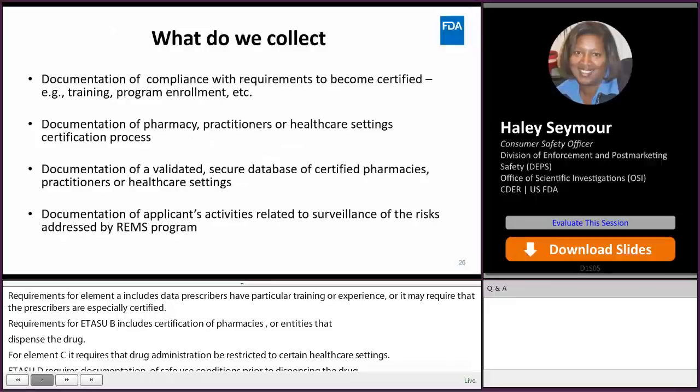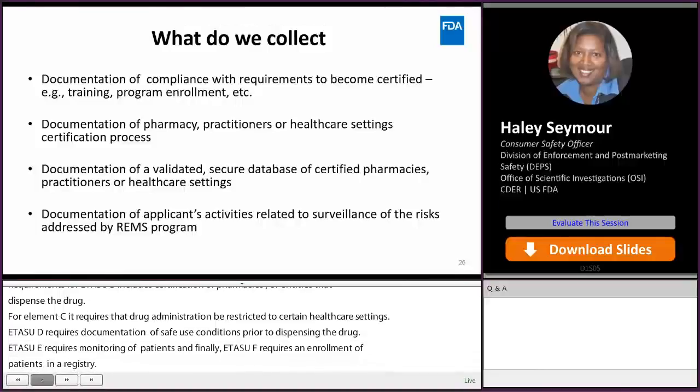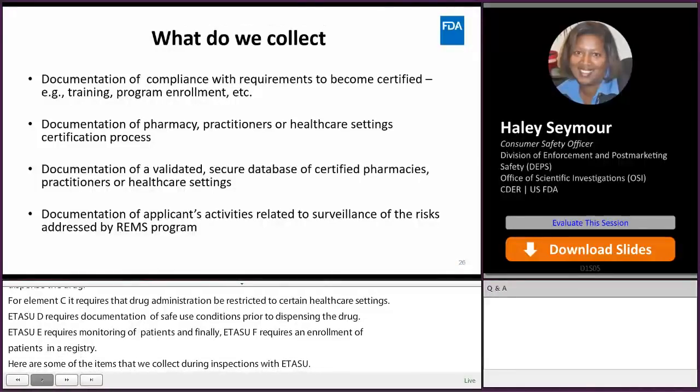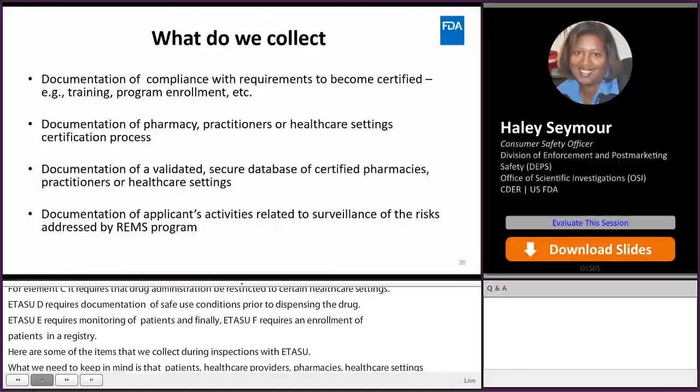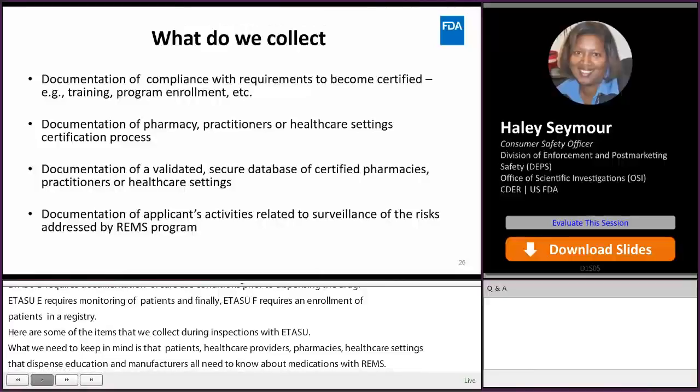Here are some of the items we collect during inspections with ETASUs. What we need to keep in mind is that patients, healthcare providers, pharmacies, healthcare settings that dispense medication, and manufacturers all need to know about medications with REMS. Patients may receive specific information or counseling about serious risks, and they may need to sign a form acknowledging that they understand, or may undergo lab testing, or they may even have to take surveys.